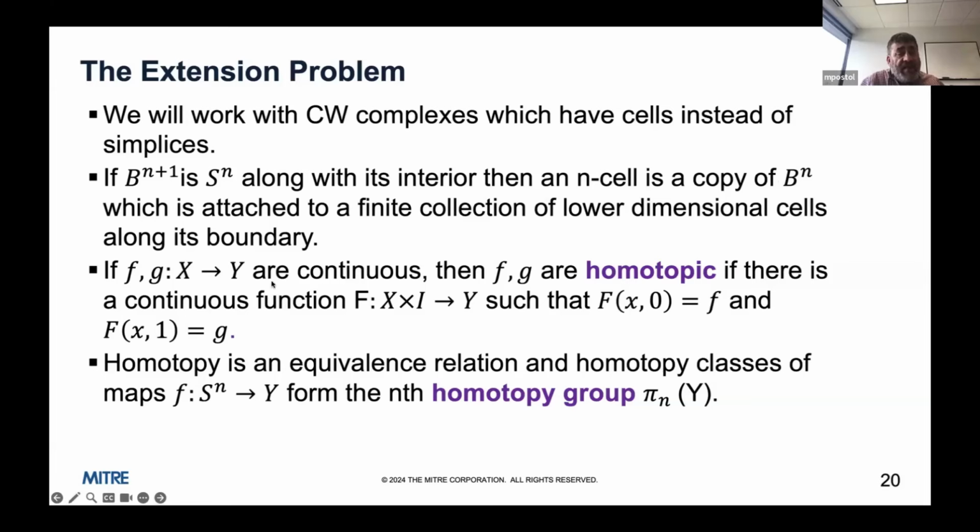So if f and g are continuous, we say they're homotopic if there's a function big F from X cross I to Y, so that big F of x and 0 is f, and so on. And homotopy is an equivalence relation.